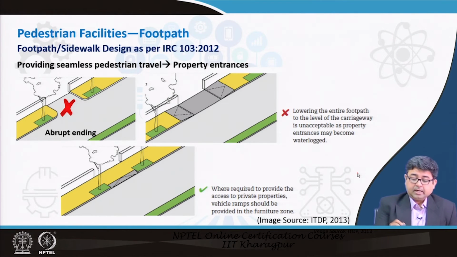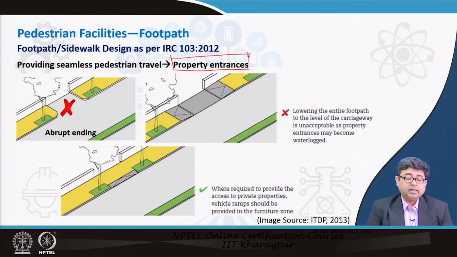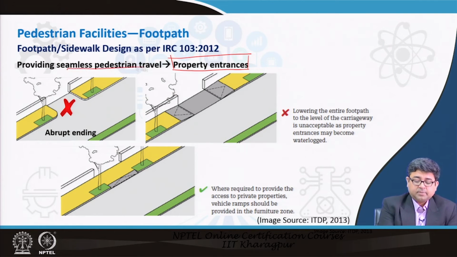The next most important thing is, how do you deal with property entrances, right? How do you design for property entrances in order to provide seamless pedestrian travel? Many times you will be encountering such a situation, right.